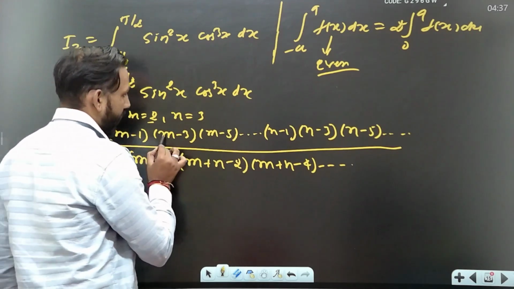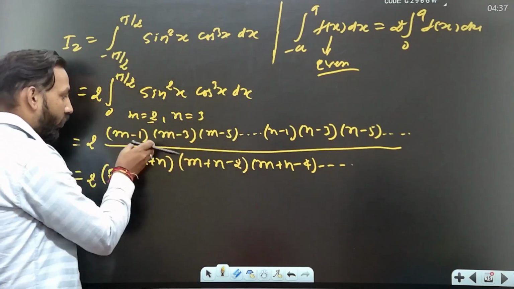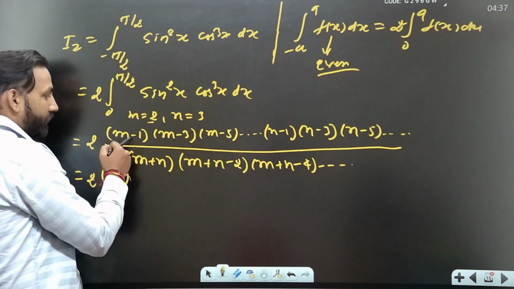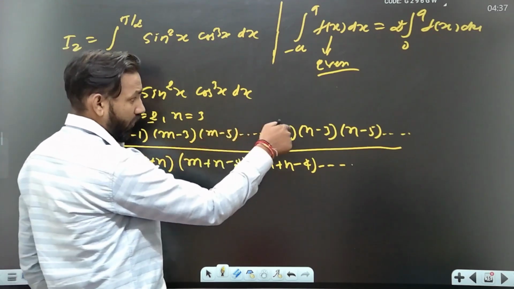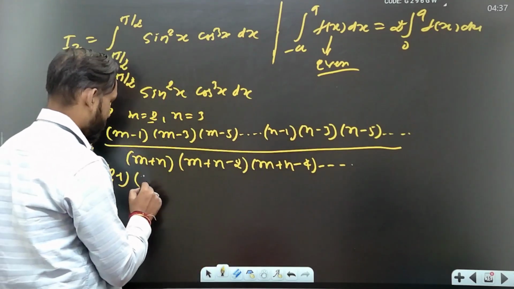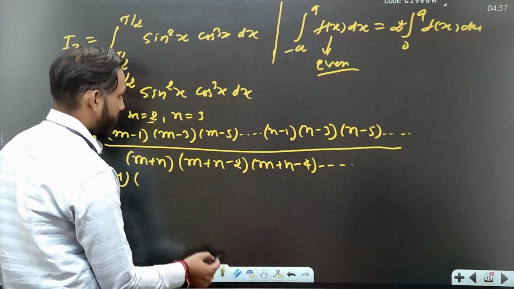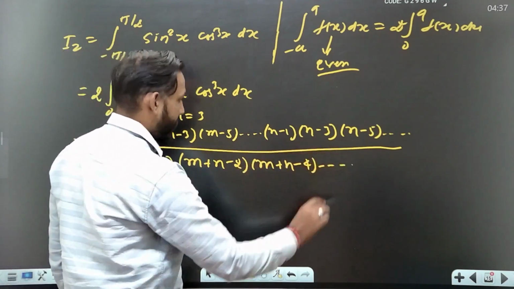In other brackets there is no need to put the value of m because all the brackets are negative. We have to put where the value is positive, right? Again n minus 1 and the value of n is 3, and we get 3 minus 1, and this will be 2.